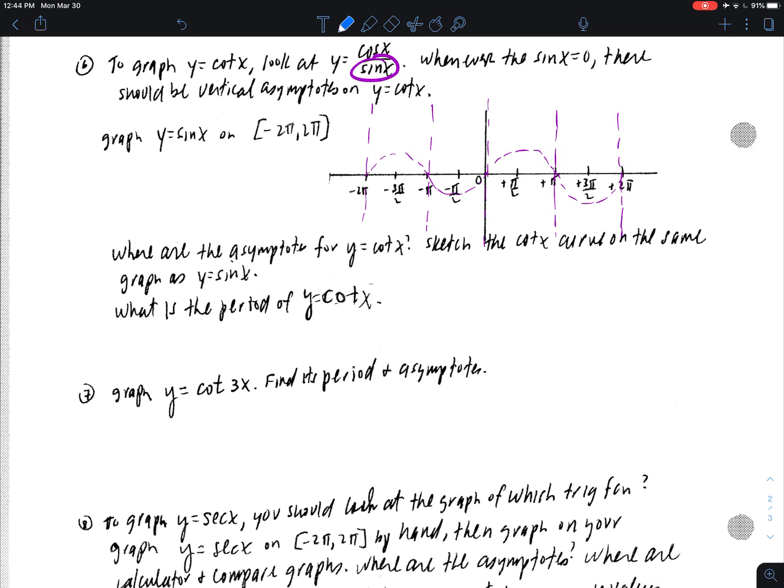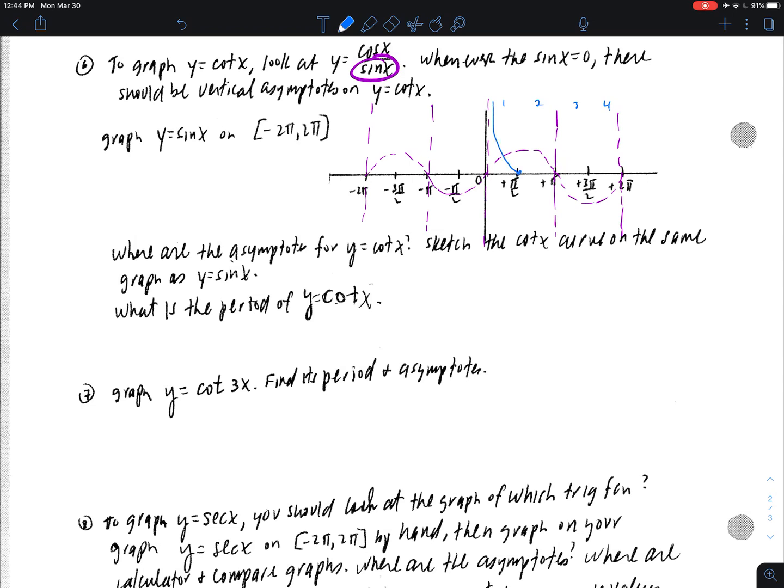Now again, thinking to ourselves over the course of the quadrants here, I know that cotangent is positive in quadrant 1, but it's descending as I rotate towards 90 degrees. It's going from root 3 to 1 to root 3 over 3, and when I get to 90, that's when cotangent is 0. So it's decreasing until I get to here.